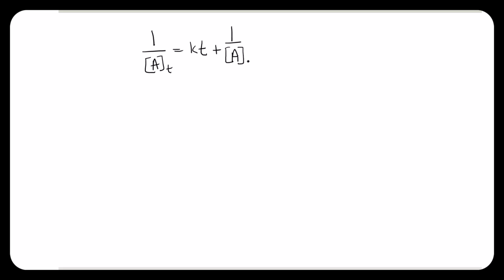All right. Now we're going to take inventory of what we know. So we've got concentration of A at time t. We've got K, we've got t, and then we've got concentration of A at time 0.